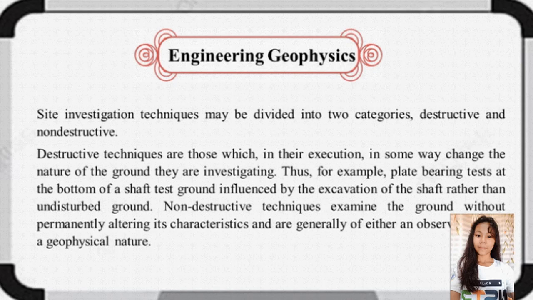Thus, for example, a plate-bearing test at the bottom of a shaft tests ground influenced by the excavation of the shaft rather than undisturbed ground. Non-destructive techniques examine the ground without permanently altering its characteristics and are generally of either an observational or a geophysical nature.